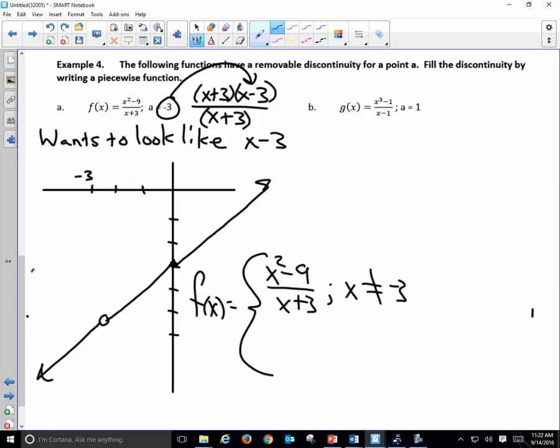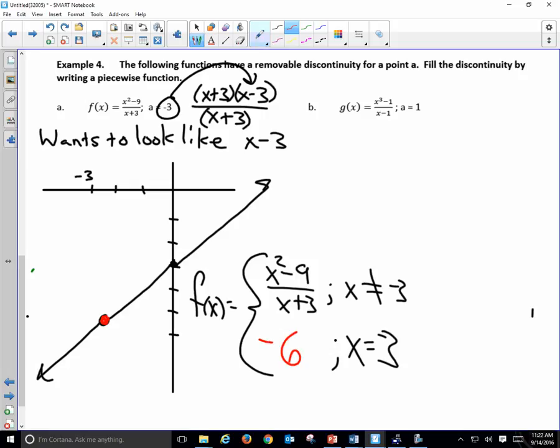So what I'm saying is, let the function equal this rational guy for all values not equal to negative 3. But when it is equal to negative 3, what should the output be? So I then fill this in. Negative 6.